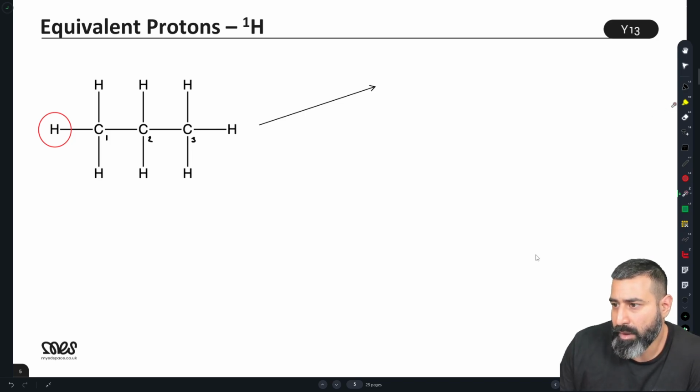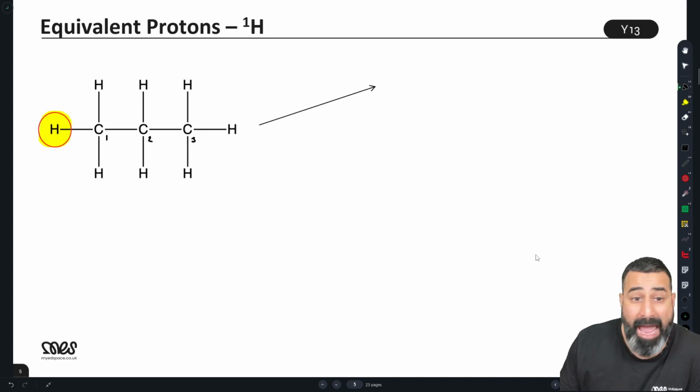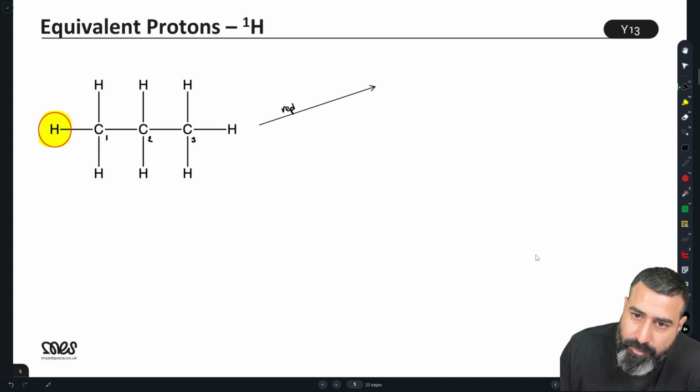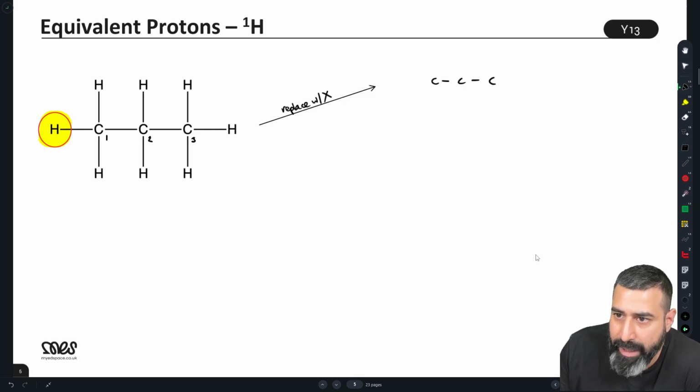Let's exchange that proton there for this substituent group X. So we're going to replace it with X. If we replace it with X, this is what we're going to get.